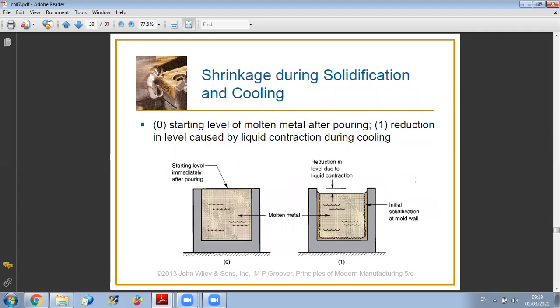Now, here we will characterize shrinkage during solidification and cooling. As we said, we have several causes for shrinkage. First, shrinkage is due to the large difference between the pouring temperature and the temperature of the mold walls.